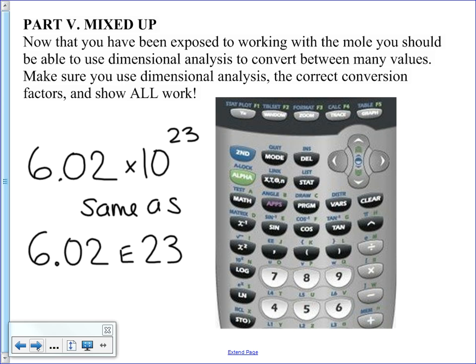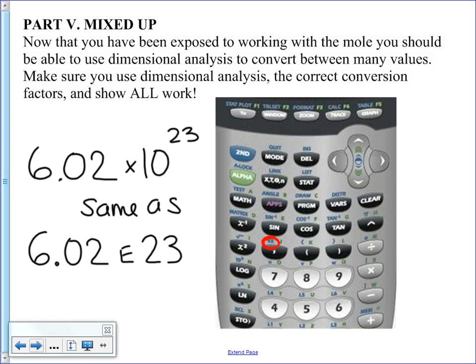on your calculator. So here's a picture of your calculator, and don't forget, or those of you that were absent last Friday, 6.02 times 10 to the 23rd is the same thing as 6.02 E23 in your calculator. And you can get that function on your calculator by using this little EE button right there.